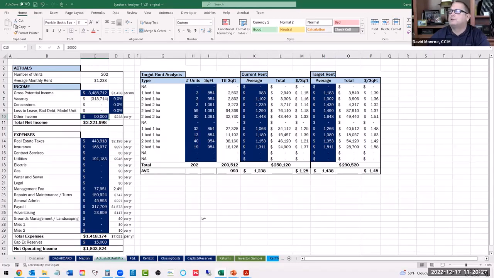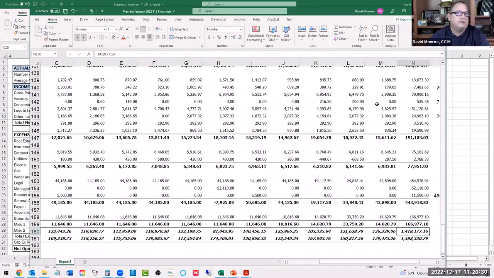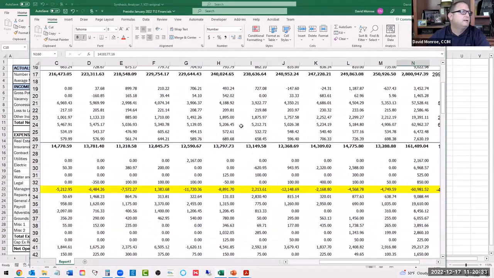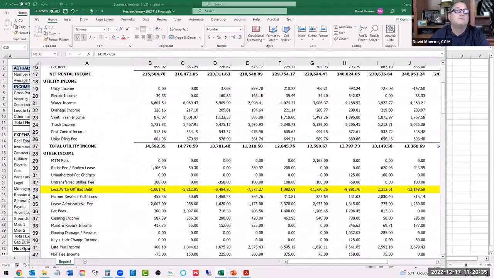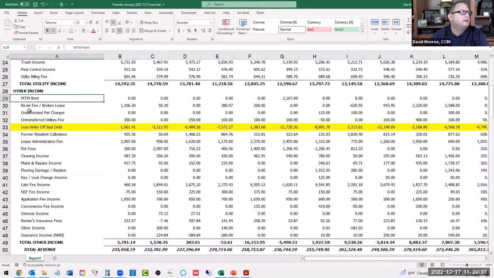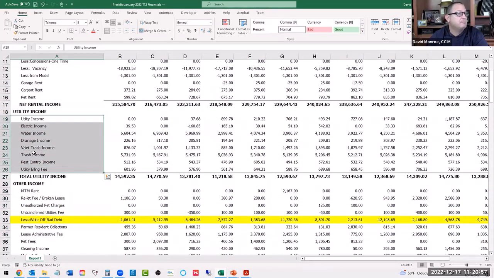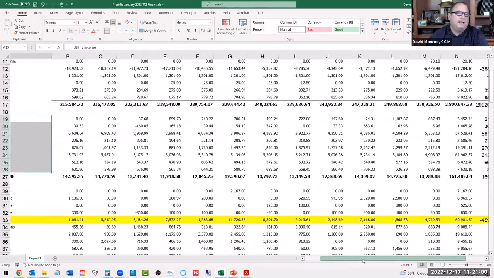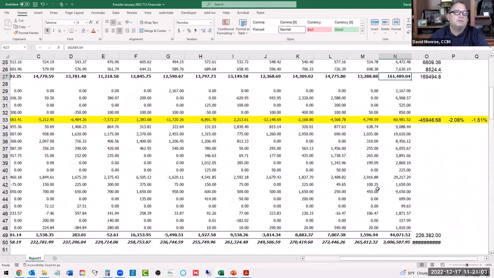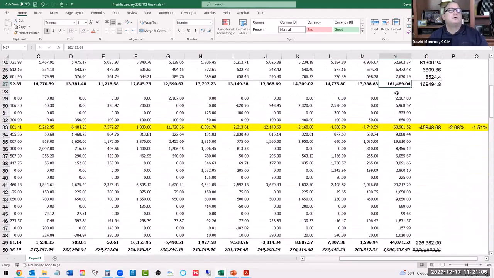Now, remember, I'm just going to put the total on here so you guys can see it without trying to calculate everything. But you remember I told you in other income, if I open this all the way up, you're going to want to take out stuff like application fees, unauthorized pet charges, all that stuff that's just intermittent. You're going to want to remove it, and anything that's consistent, you're going to want to keep in there. Okay. And all this utility income should be part of that. So I'm going to add 161,489.